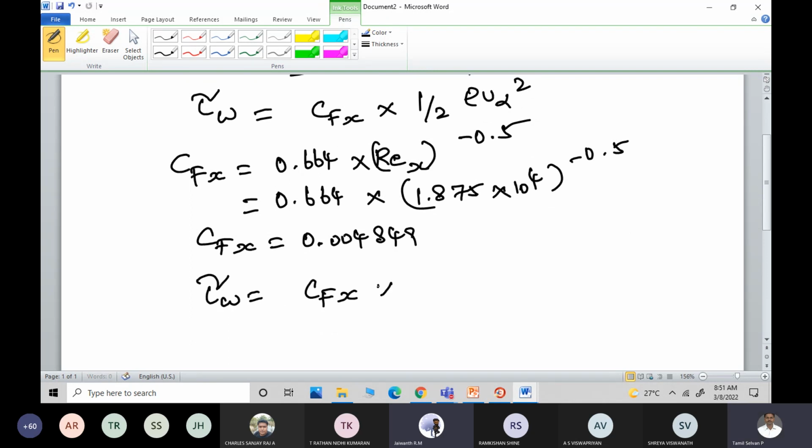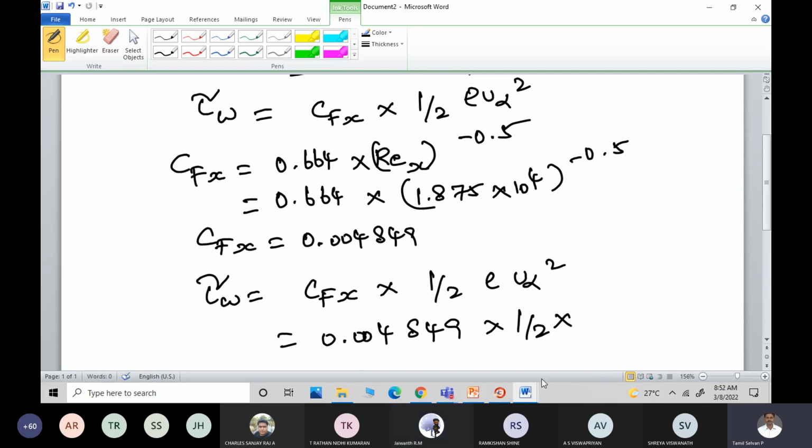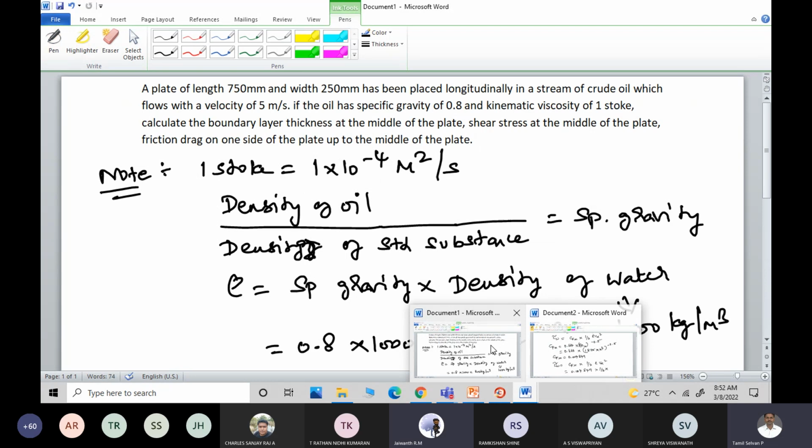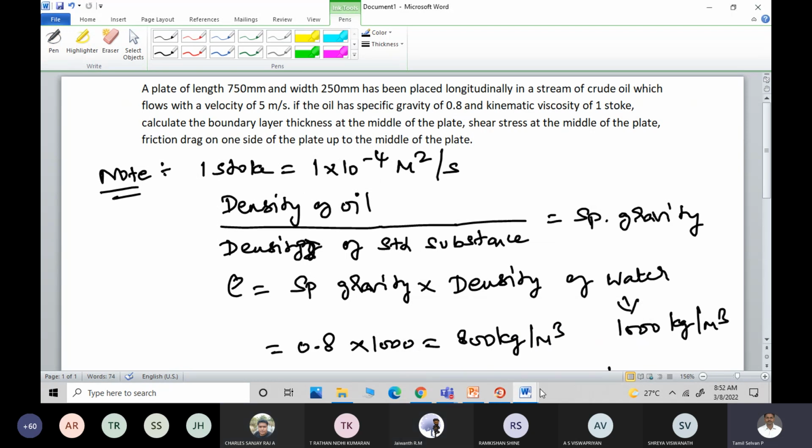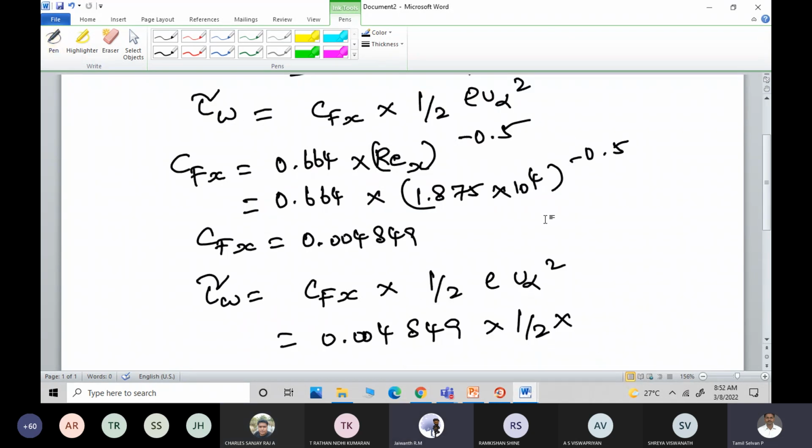Cfx into half into rho into u infinity squared. So please calculate it faster. 0.004849 into half into density. Density we have found there, around 800 kg per meter cube. So 800 into the velocity, 5 meters per second, right?